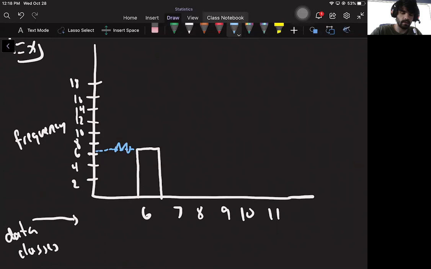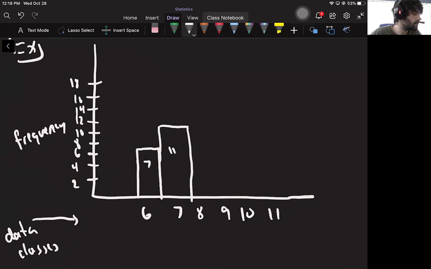Okay, so that should be at 7. And then for the data point 7, I will make a rectangle going up to about 11. I don't know why I picked odd numbers in between, but whatever. Just to be extra clear, I'll put how many inside, but you don't usually do that.